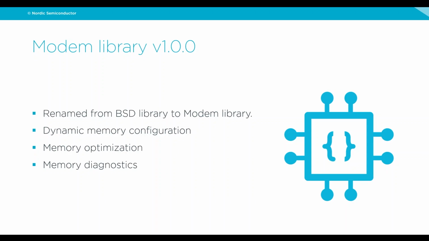It's now possible to optimize memory usage for your particular use case. New default memory configuration saves more than 50% of the RAM, which basically means that you have more RAM that you can use for your application.